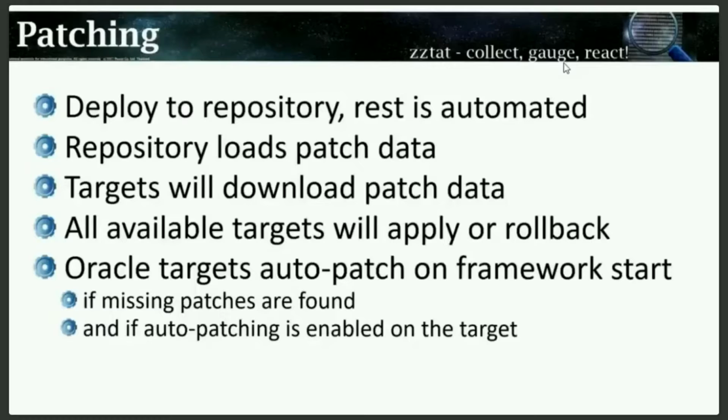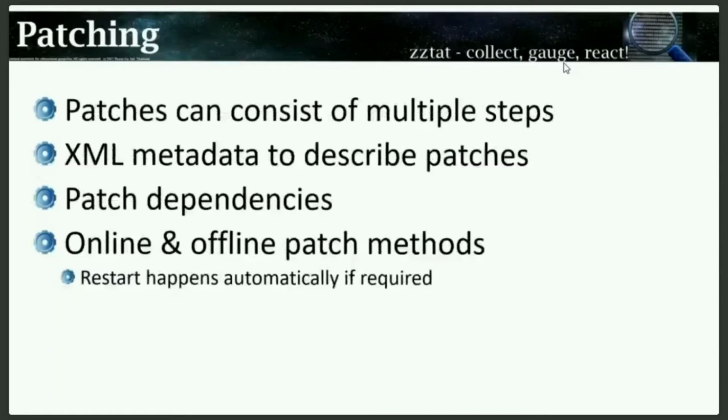Now, if any database fails to download the patch at this time, or is just down, or is under blackout, the framework has the capability on start to automatically validate its patch level against the repository. And if any missing patches are found, and if this feature has been enabled in the central configuration, it will automatically patch itself on startup. So this is really a full patching tool that we're talking about here.